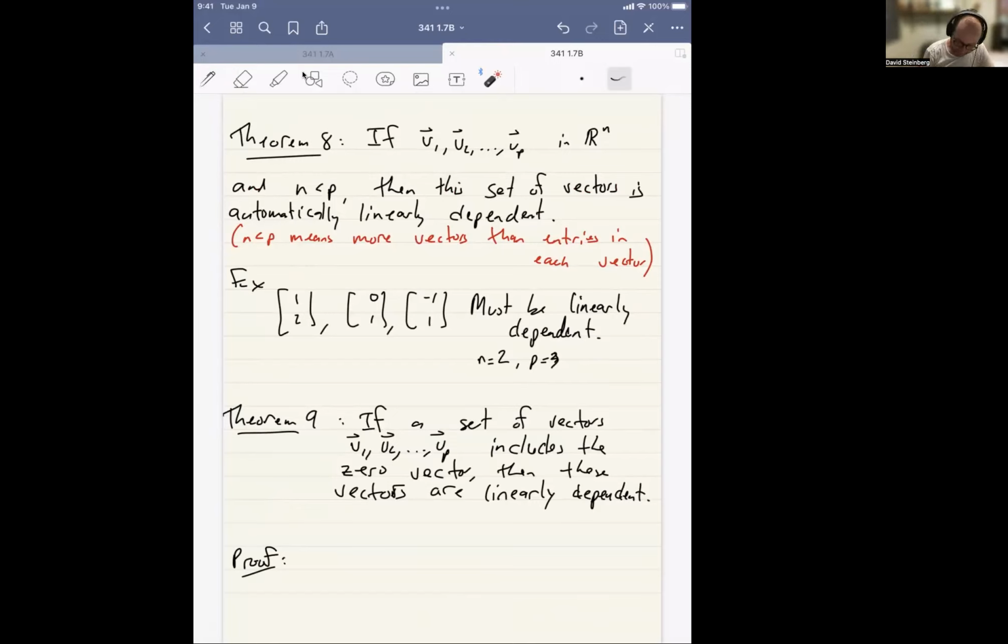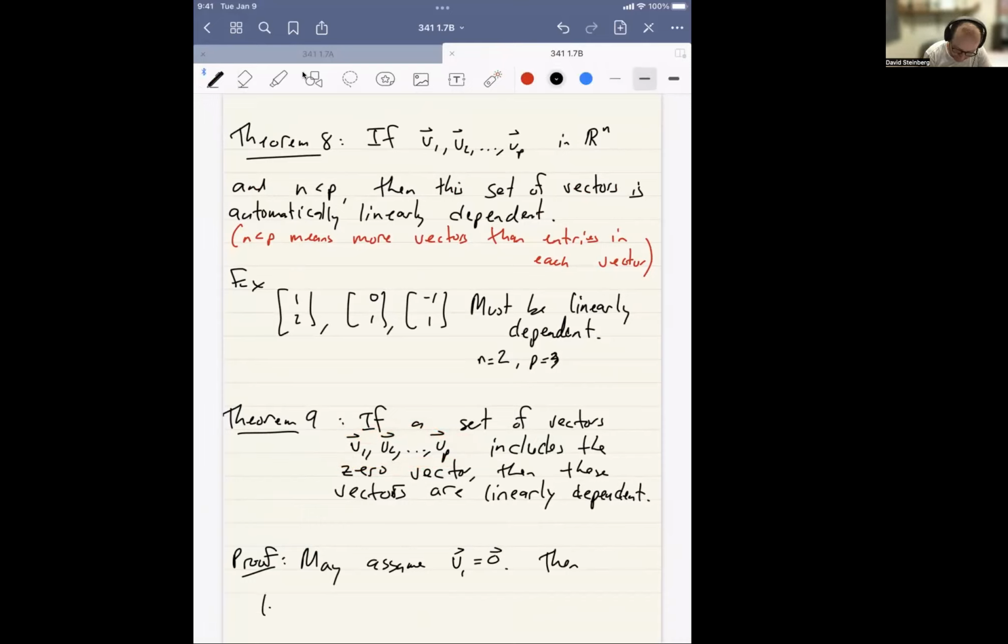So let's assume that our first vector is the zero vector. If we want to show linear dependence, all we need to find is some collection of real numbers, not all zero, so that the linear combination of these vectors with those weights is the zero vector.